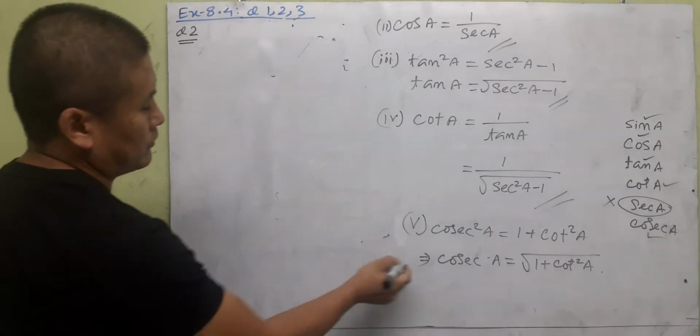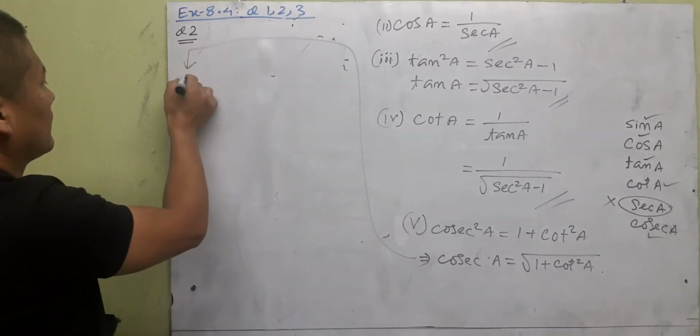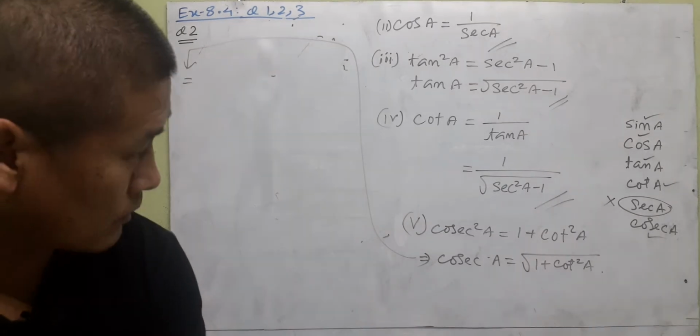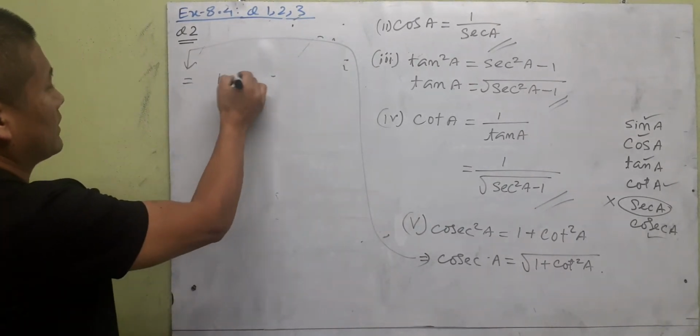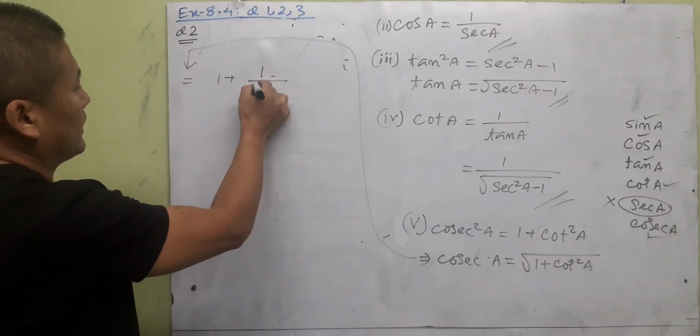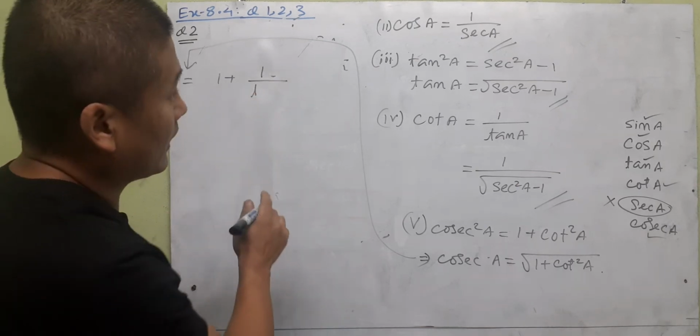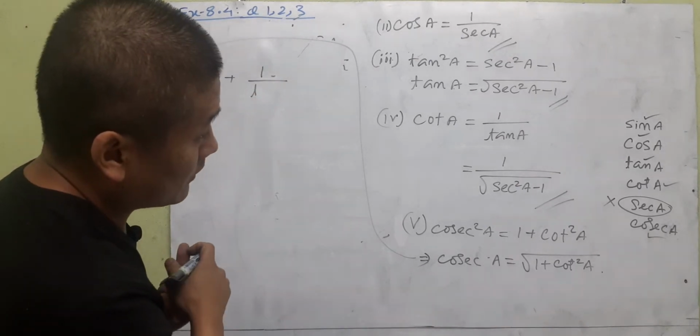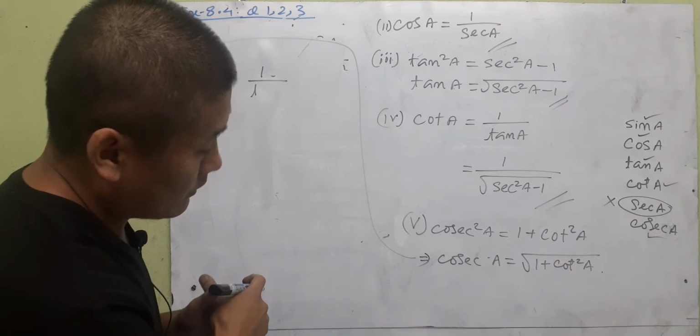Here, as we continue, that will be equal to root over 1 plus cot A, which is 1 by tan A, squared. We have to express everything in terms of sec A, right?